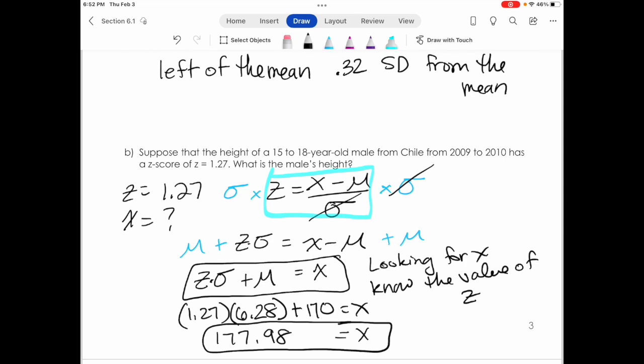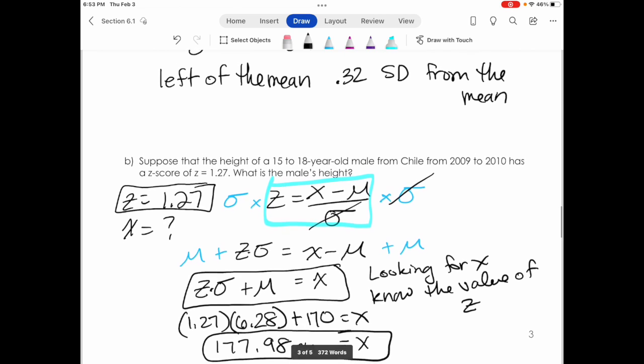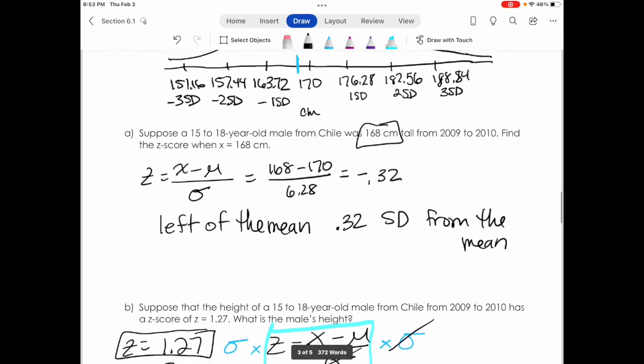So if a guy that is age 15 to 18 from Chile has a height that is 1.27 standard deviations above the mean, that means his height is actually 177.98 centimeters.